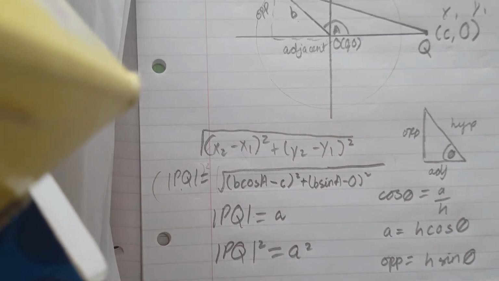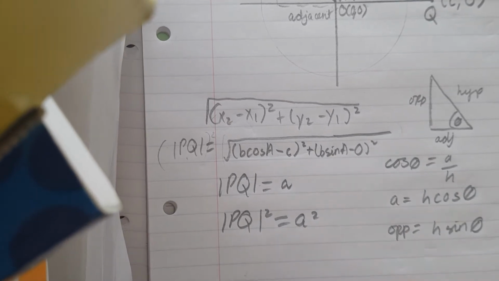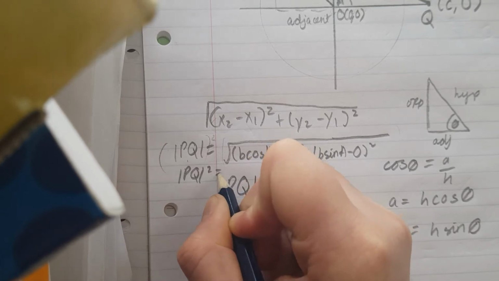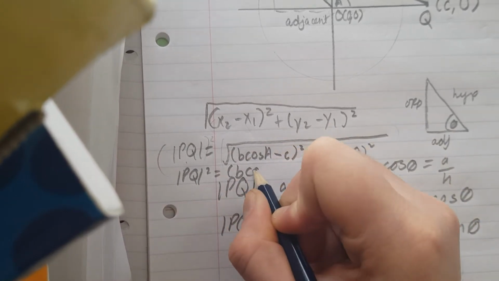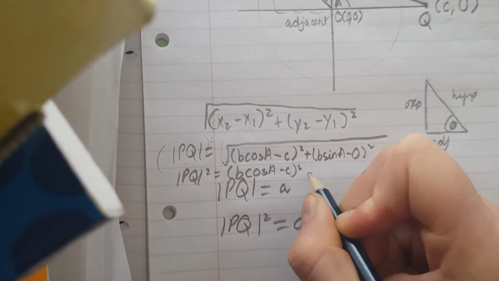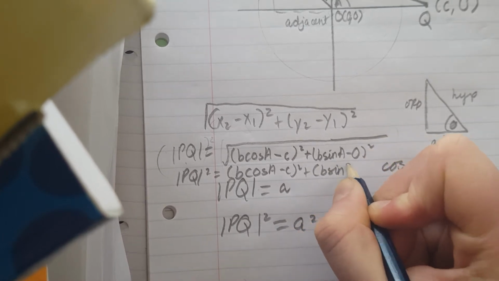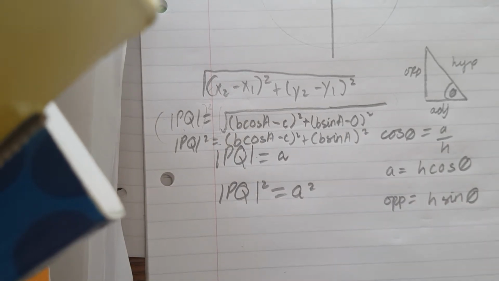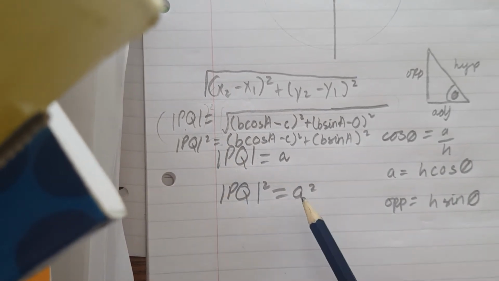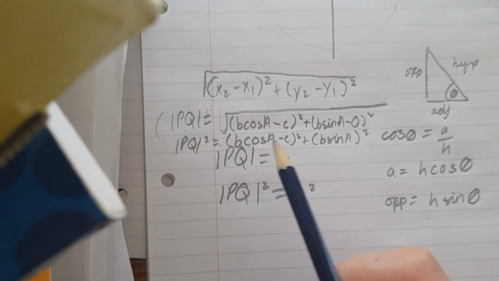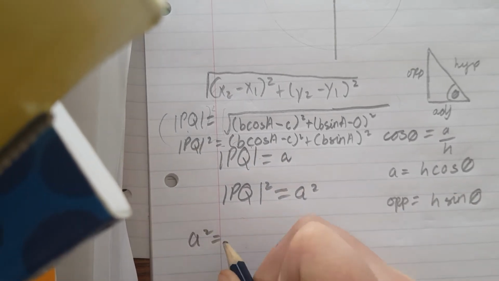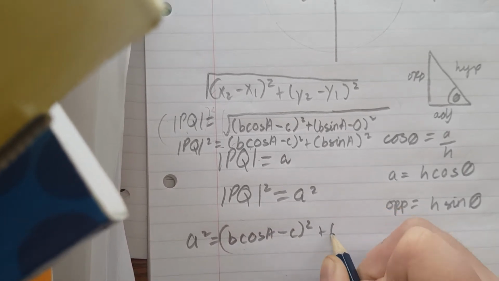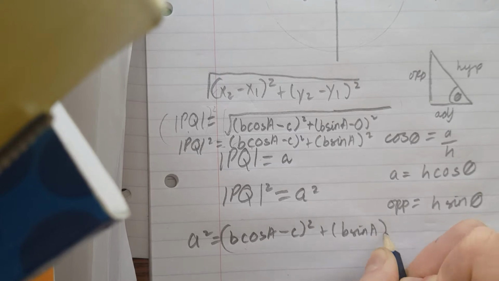So PQ squared would be B cos A minus C squared plus B sin A squared. So that's PQ squared. Our square root is gone. So PQ squared is going to be the same as A squared. So we can then let A squared equal to this in place of the PQ squared: B cos A minus C squared plus B sin A squared.